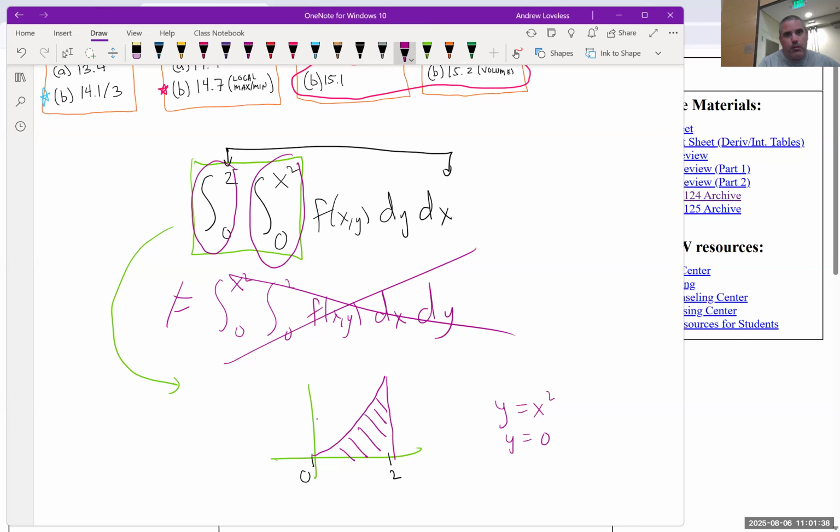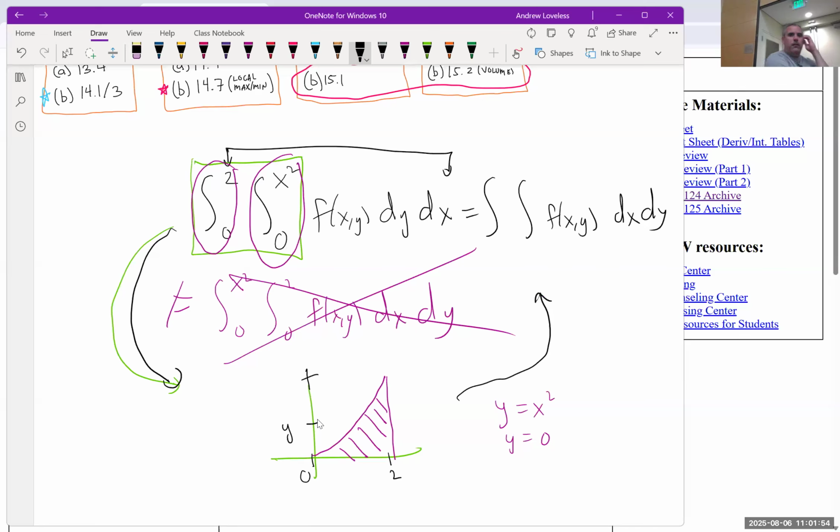Then if your goal is to reverse the order, you're trying to relabel in terms of y. So let's just do that real quick because this is a fairly quick question. So go ahead and take a moment and think about what the new labels would be. So draw the region, new labels. There are two questions. There's new tick marks, the y tick marks.